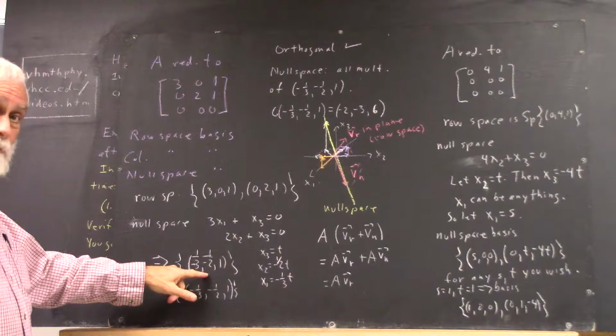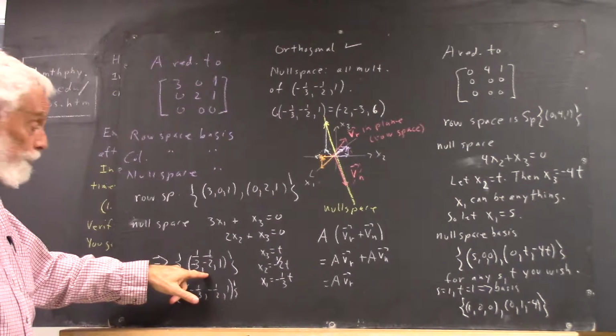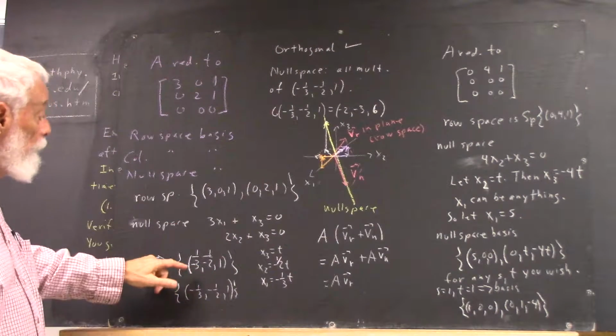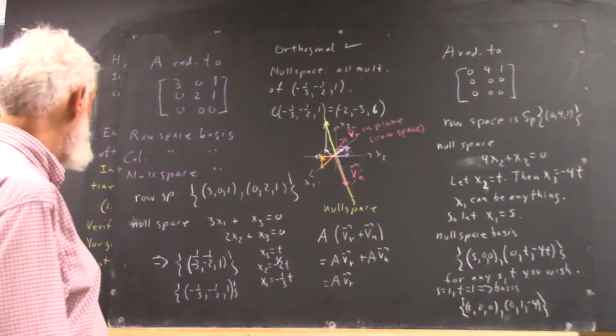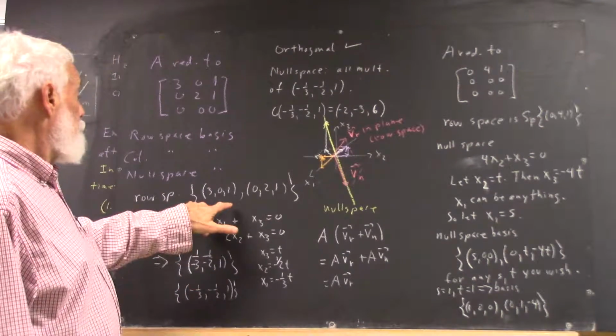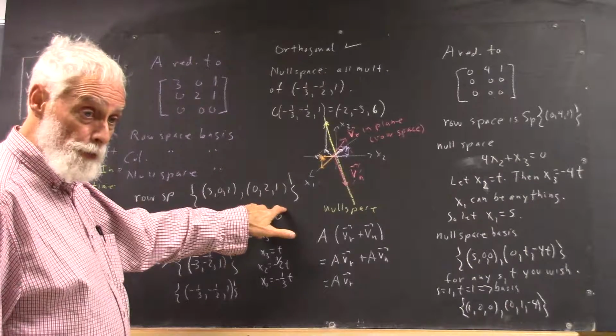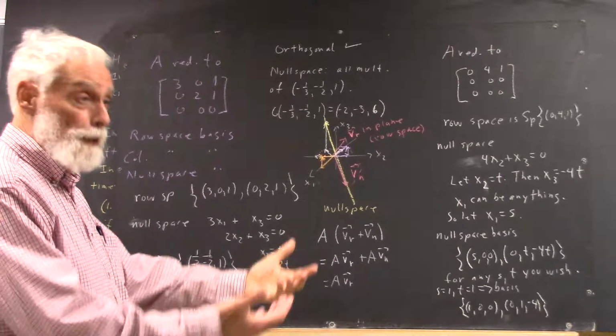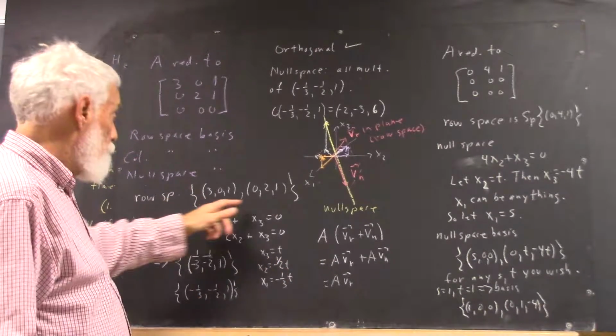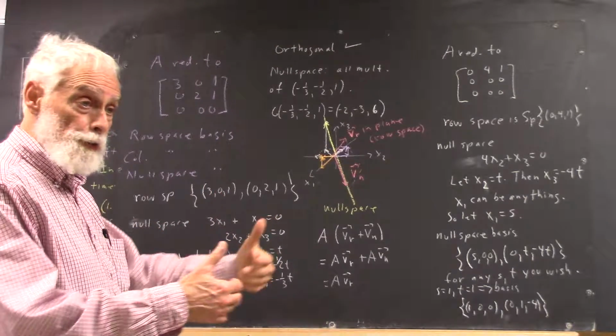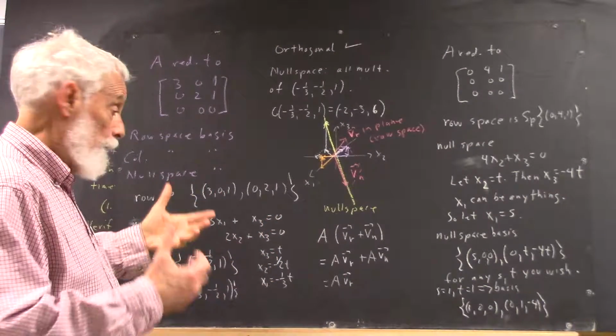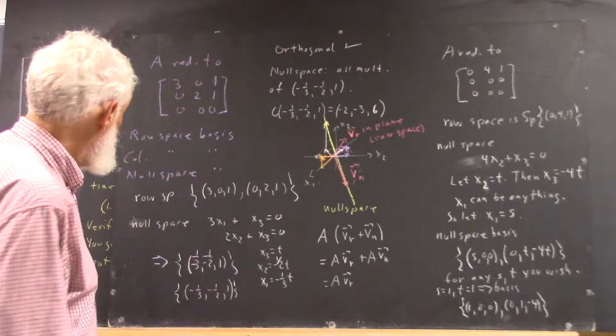It's the set of vectors that are spanned by this set, which means in this case simply the set of multiples of this vector. Your row space is the set of sums of multiples of this vector and this vector, your C1v1 plus C2v2, where there's your v1 and v2, C1 and C2 can be any number, so I call that a sum of multiples.